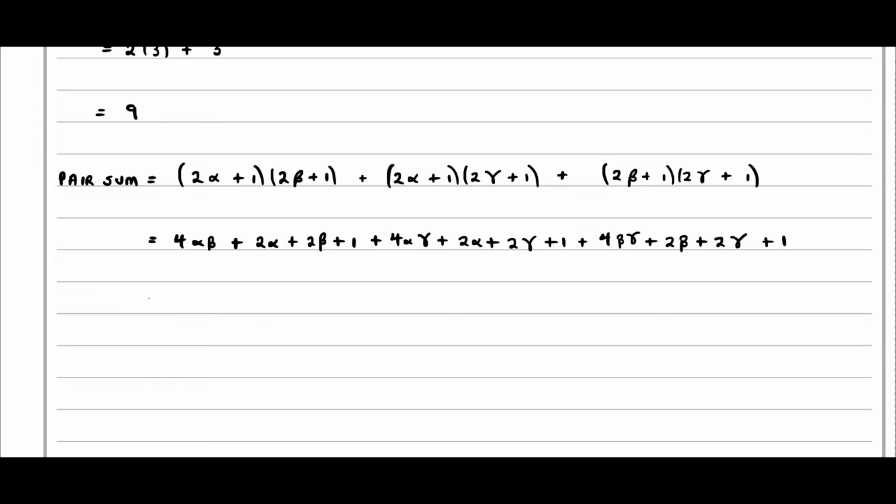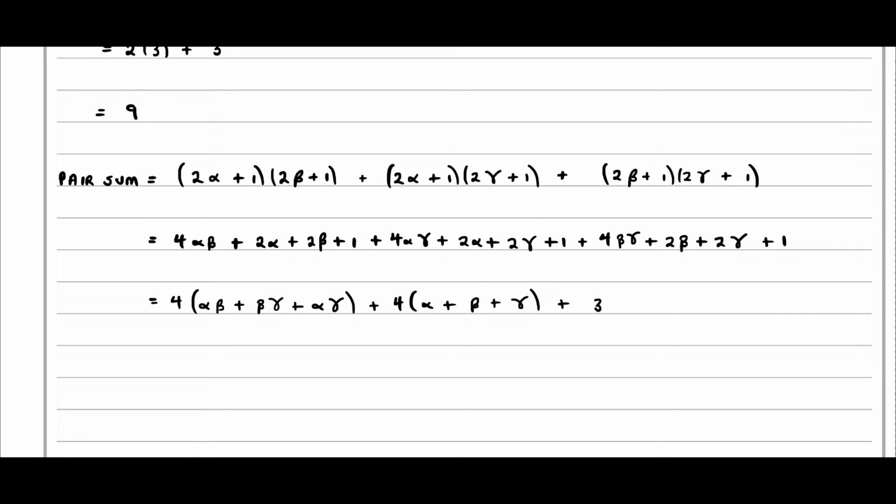And if we collect like terms, you'd notice we have 4 lots of alpha beta plus beta gamma plus alpha gamma plus 4 lots of alpha plus beta plus gamma plus 3.